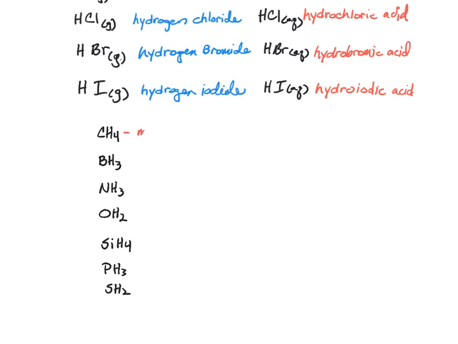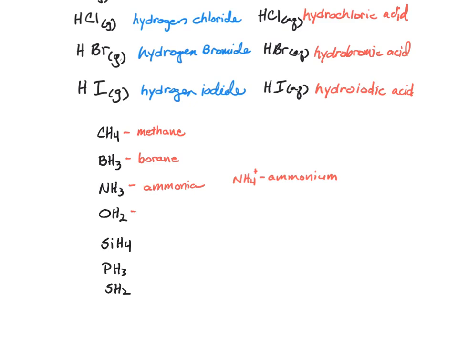So CH4 is methane, and that's an organic compound, so that's part of the organic naming system. BH3 is known as borane. NH3 is ammonia, not to be confused with ammonium, which is NH4+, and this is a polyatomic ion. In fact, it's the only positively charged polyatomic ion that we work with in this class.